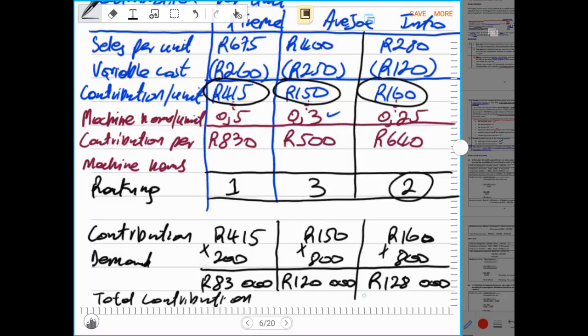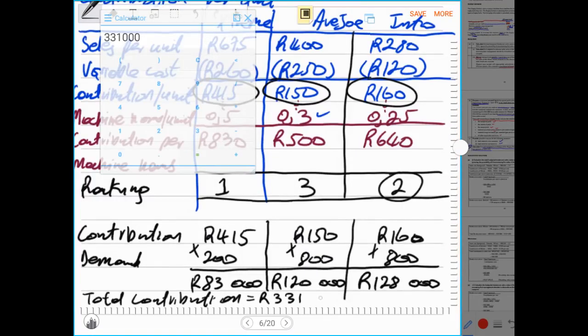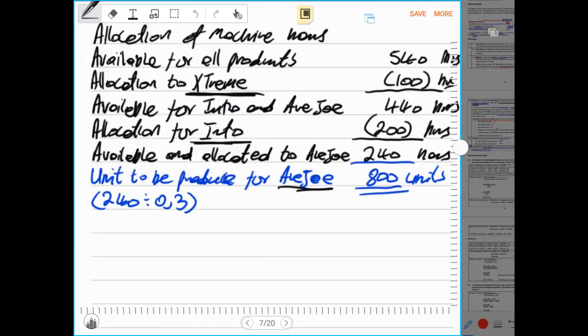And my total contribution will be the sum of the three, which will be 83,000 plus 120,000 plus 128,000. Then it gives me 331,000. Please write this in the right space. However, at the end of the day, as long as you have seen it, even if you would have taken this portion and recorded it just below here, there will still be nothing wrong with that.